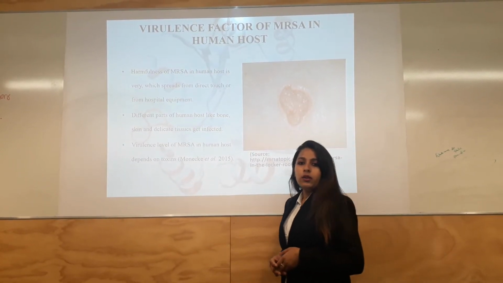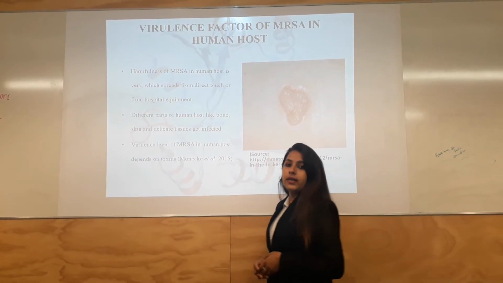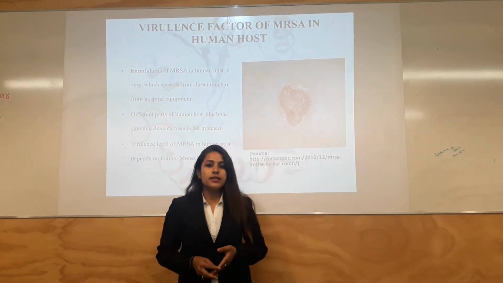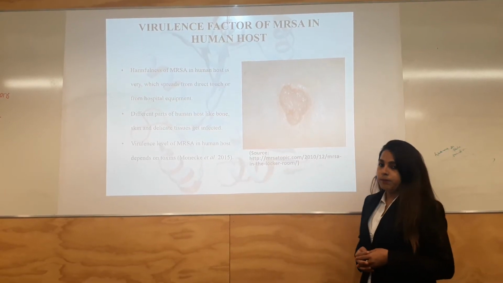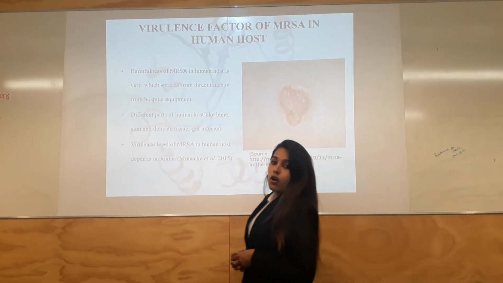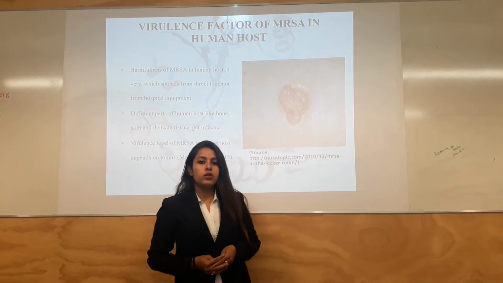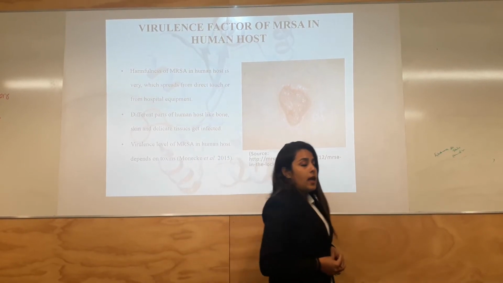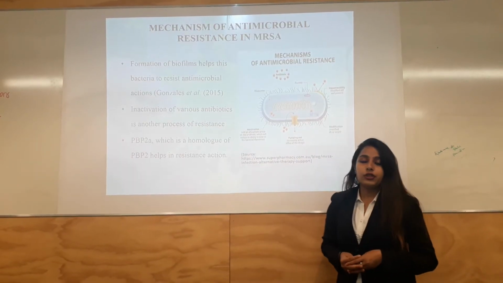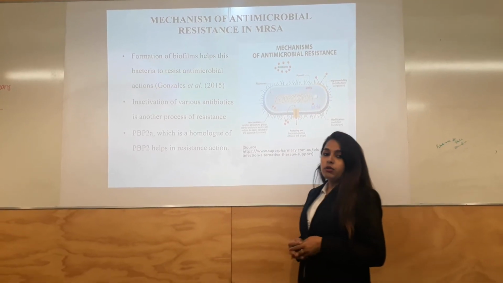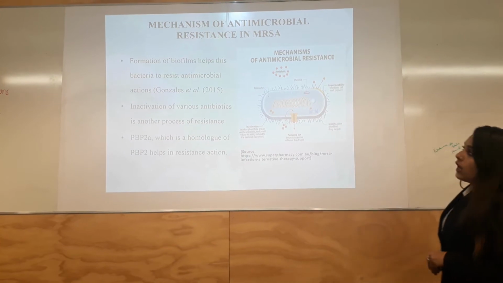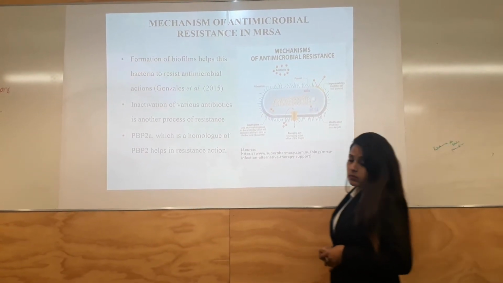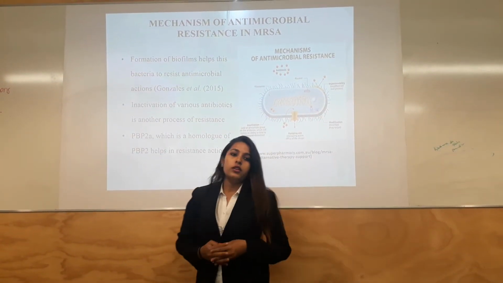Different parts of the human host like bone, skin, soft skin and delicate tissues get infected very easily. The virulence level of MRSA in the human host depends on toxins. MRSA is very harmful to humans as it has resistance to a large range of antibiotics, making it very tough to treat.